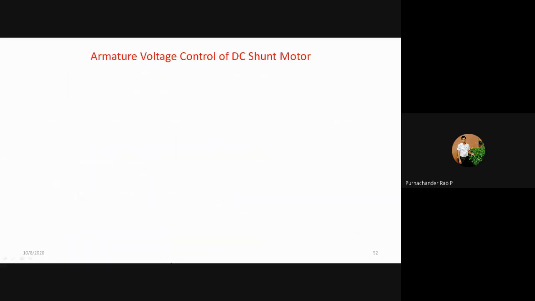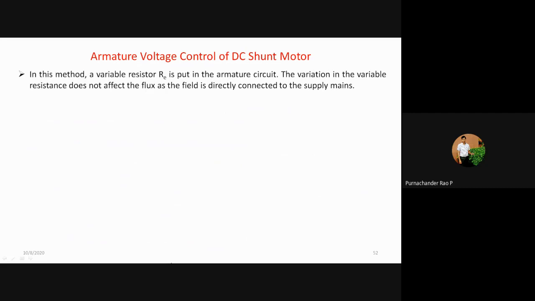So first of all, I will consider the armature voltage control method for a shunt motor. In this method, a variable resistor Re is put in the armature circuit, and the variation in the resistance in the armature circuit does not affect the flux.